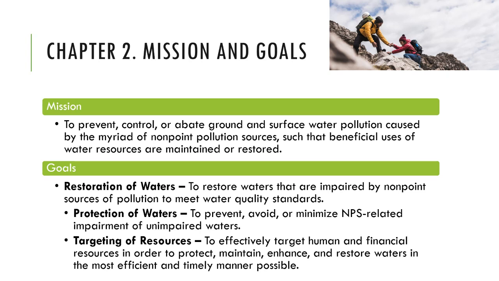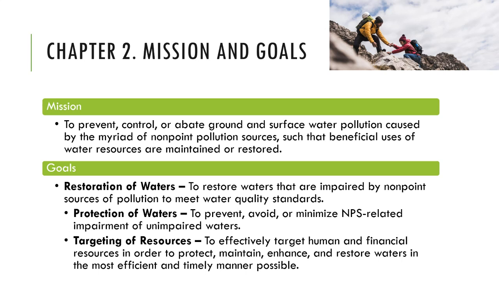So restoring waters that are impaired by non-point source pollution in order to meet water quality standards, as opposed to the protection of waters, which is focused on preventing, avoiding, or minimizing non-point source pollution related impairments of unimpaired waters. So we want to restore those impaired waters and we want to protect those unimpaired waters.